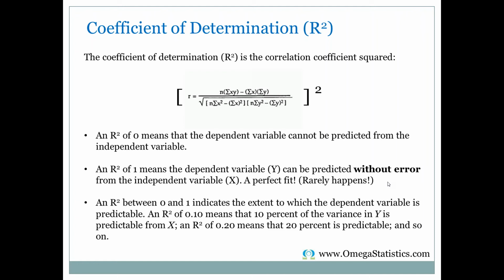That doesn't necessarily mean your model's bad. You've got to think about your research context. If you're a psychologist and you get an R-squared of 0.15, you're going to be happy. If you're trying to fit a model on survival rates, like a Cox regression, and you get an R-squared of 0.15, you're not going to be very happy. So it really depends what field you're working in.